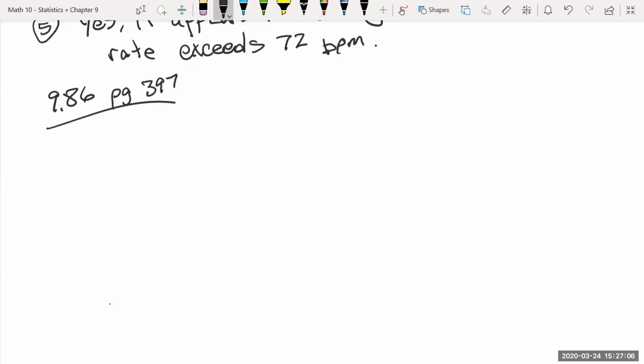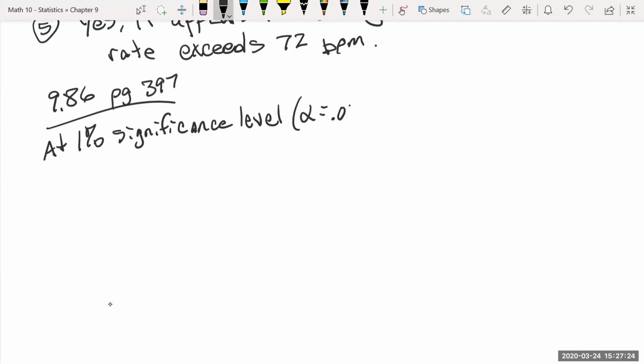Okay, so they're going to give me the data. I'm not going to write it down again. I'll just enter it into my calculator. And the question says, at 1% significance level, so that's alpha, so alpha equals 0.01. Do the data provide sufficient evidence to conclude that the mean age at diagnosis of all people with early onset dementia is less than 55 years old?